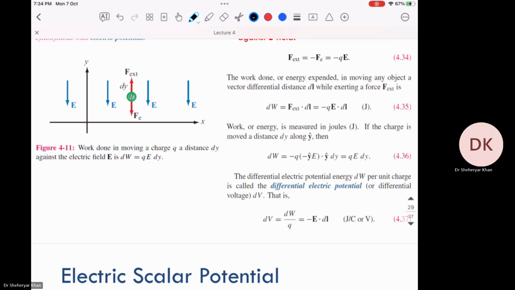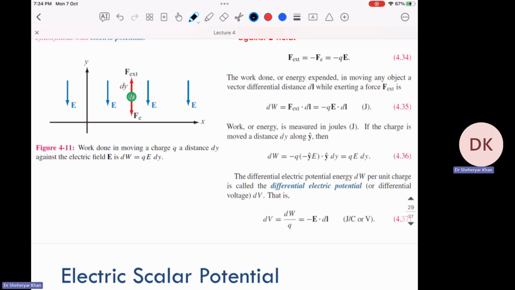Distance. That's it. Line integral. What's the unit? Joule per coulomb, or volt, right? That means the electric field has a unit of volt per meter.